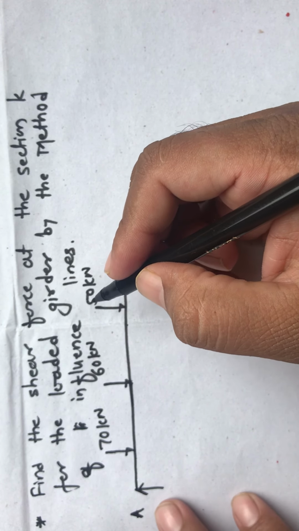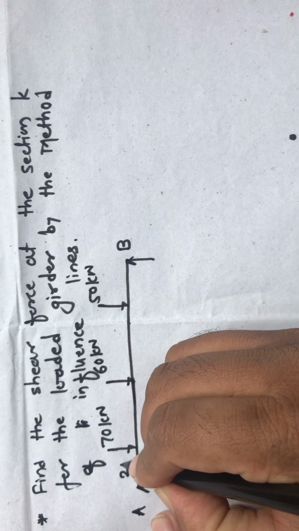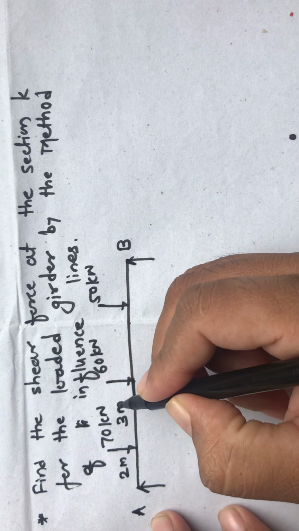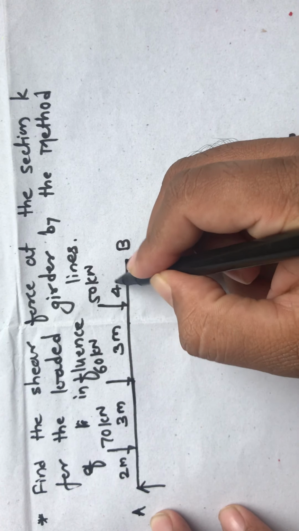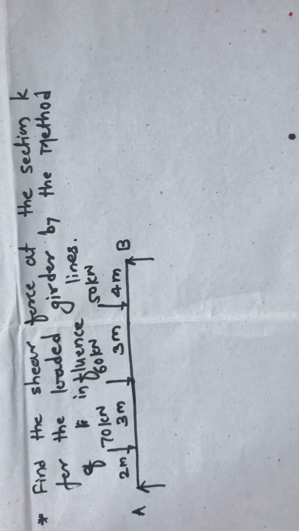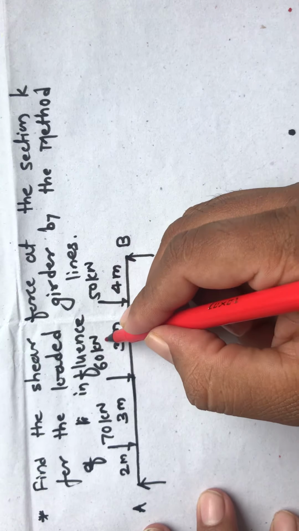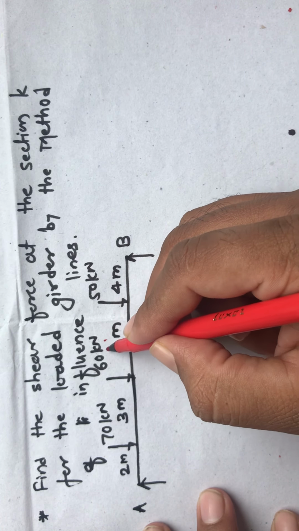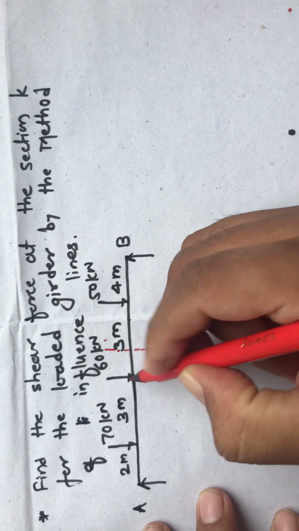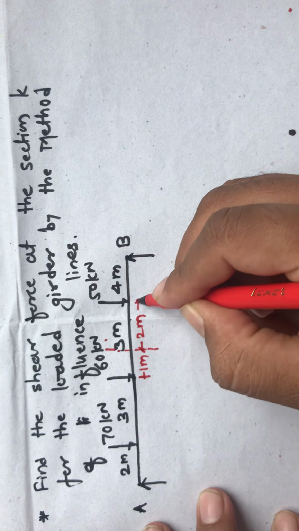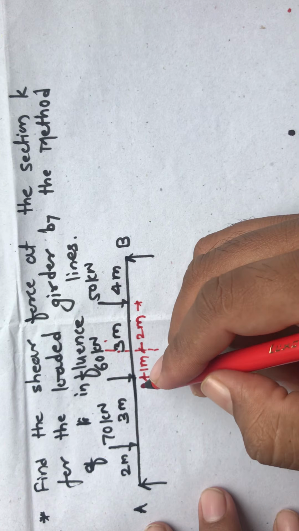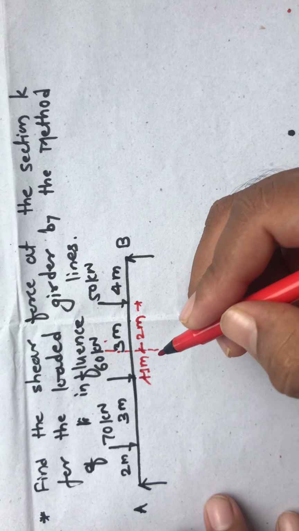There we have 2 meter, 3 meter, again 3 meter and 4 meter. And the section K is at this position, which is 1 meter and 2 meter from these loads.